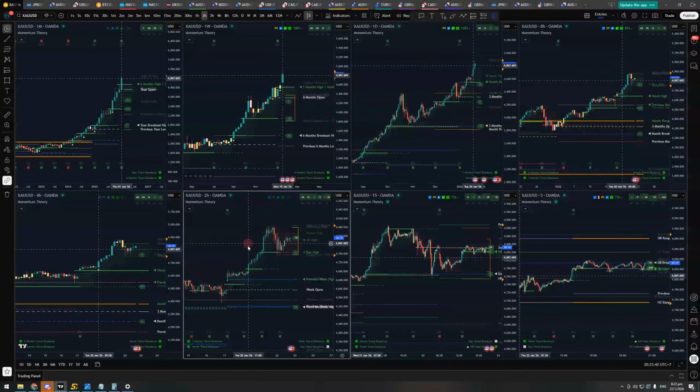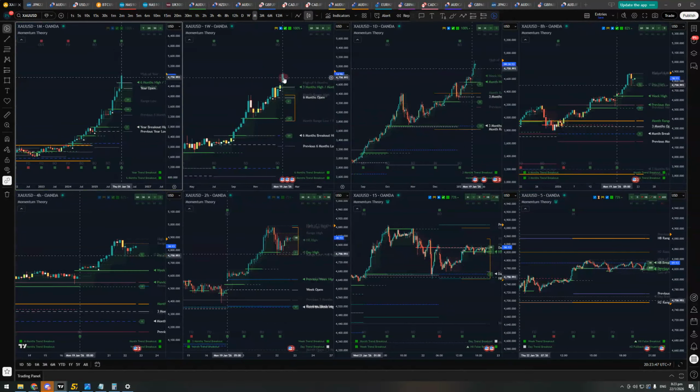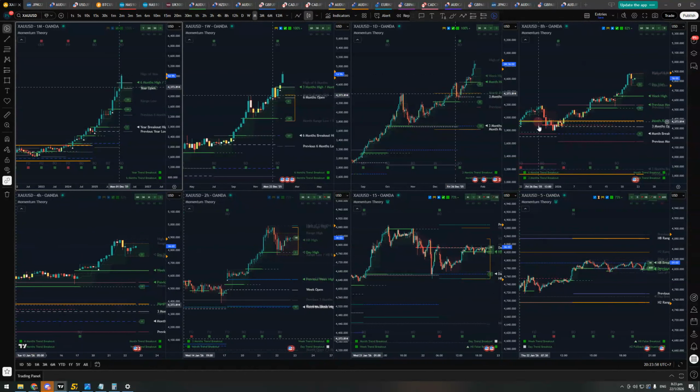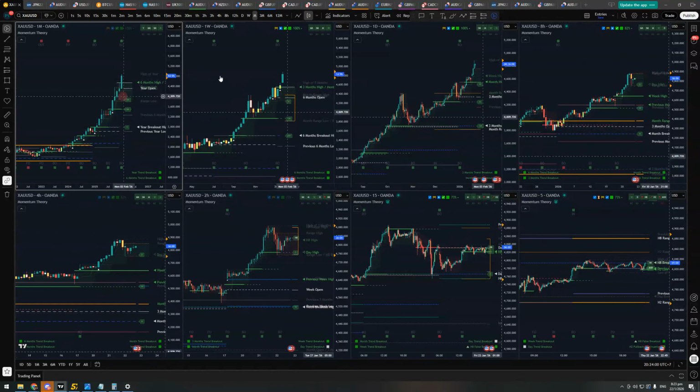I don't have things like Asia high and low, because where's Asia high and low on a monthly bar or a weekly bar? It's completely useless on a monthly and weekly. If you're using things like Asia high and low, you're restricting yourself to just trading on intraday time frames, and then you need a different way of analyzing the higher time frames.